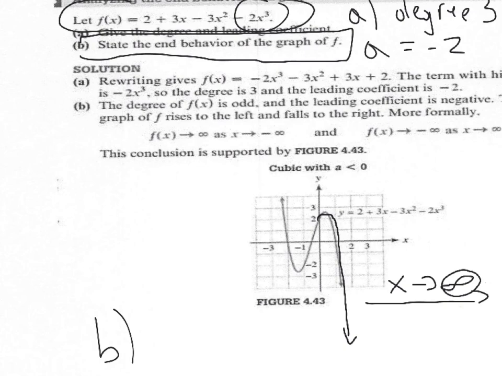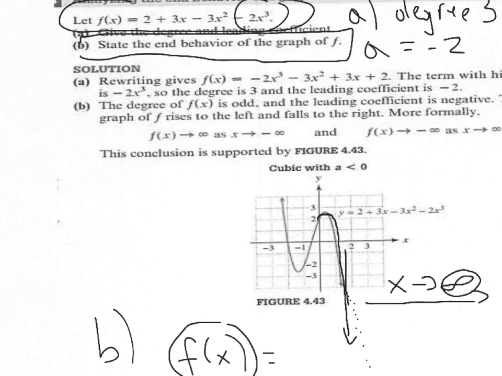Okay, so how do we read this? f of x as x approaches infinity. Think about it this way. What is happening to the y value? What is happening to f of x when x gets bigger? So do we agree if I go to my right, when x gets bigger, because basically the function looks like that, it goes down, down, down, down, down.